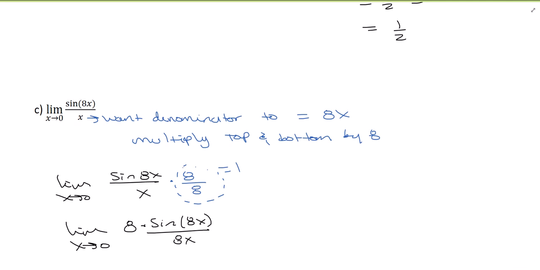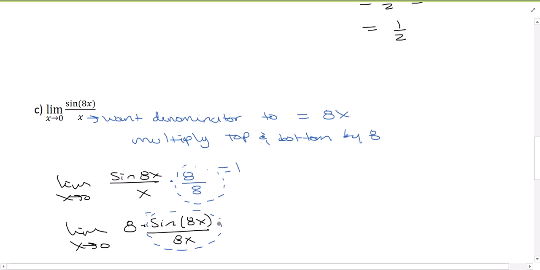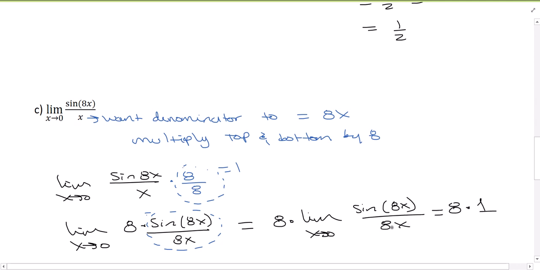And now I have my limit as x goes to 0 of sine of 8x over 8x, which is equal to 1. So I'm going to have 8 times the limit as x goes to 0 of sine of 8x over 8x, and that would then be 8 times 1, because this limit is equal to 1. So the whole limit is 8.